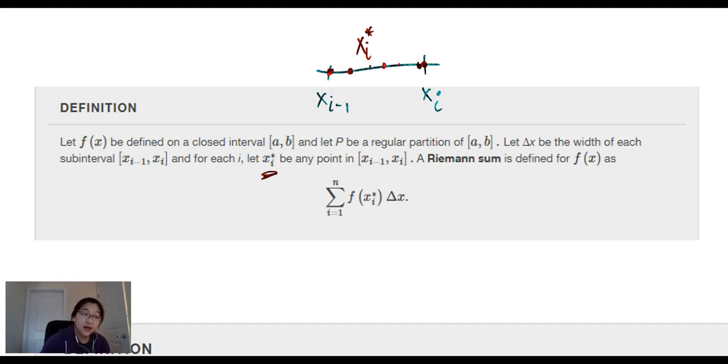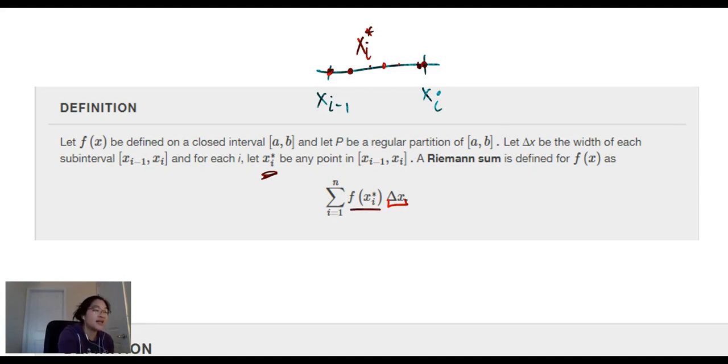A Riemann sum for the function f of x is defined as the sum from i equals 1 to n of f evaluated at x sub i star times delta x. Because we're looking at a regular partition, we have this delta x that we're multiplying. It's the base of our rectangle.